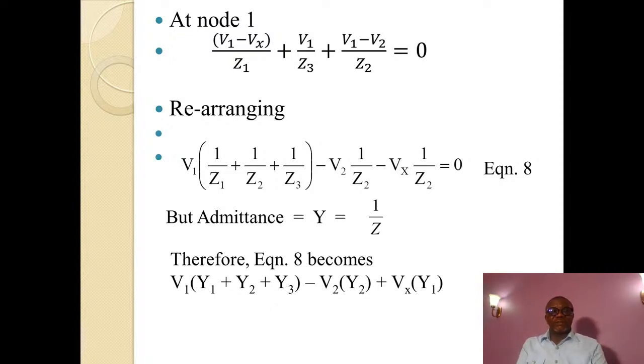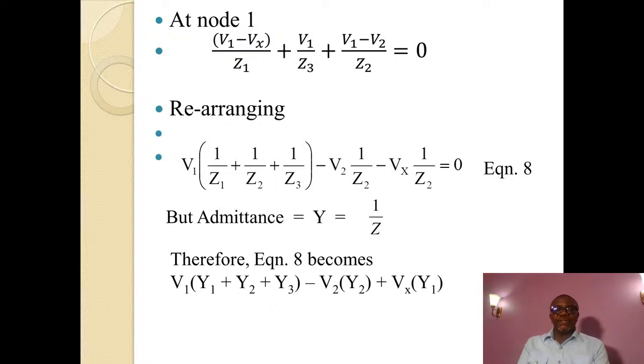So if we bring out V1, it becomes V1 into (1 over Z1 plus 1 over Z2 plus 1 over Z3) minus V2 over Z2, or V2 into 1 over Z2, and Vx into 1 over Z1. Sorry, that's equation 8, Vx into 1 over Z1.